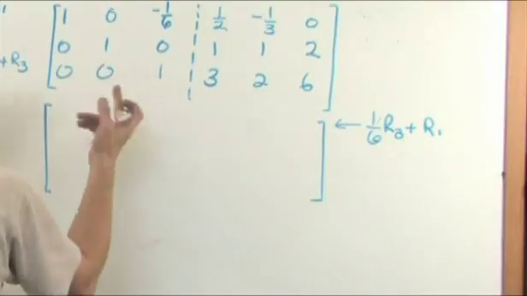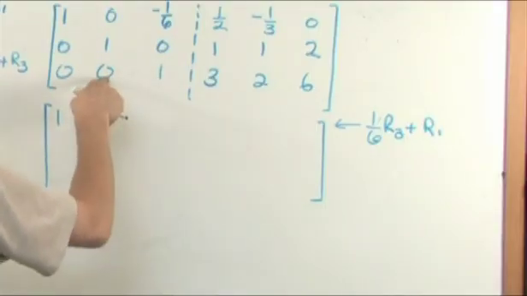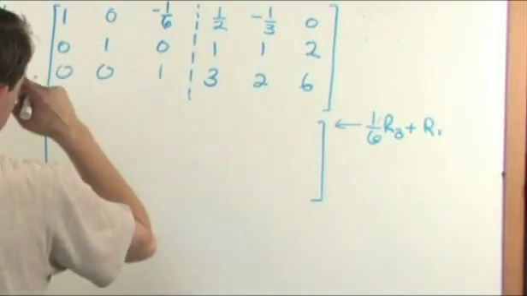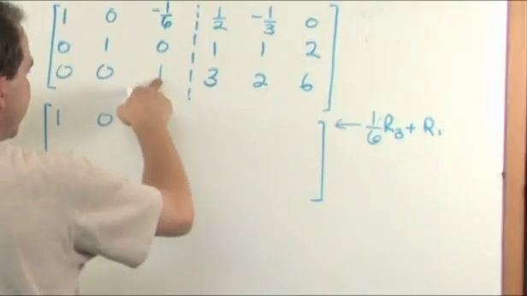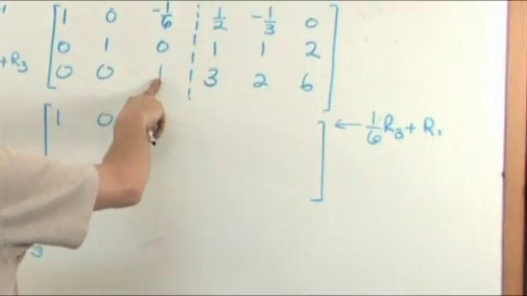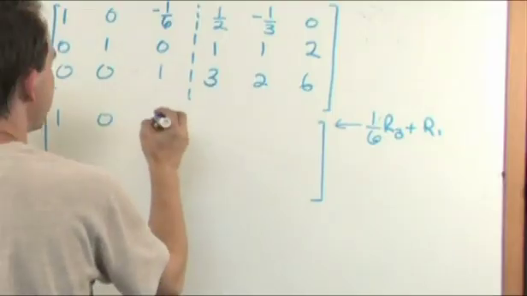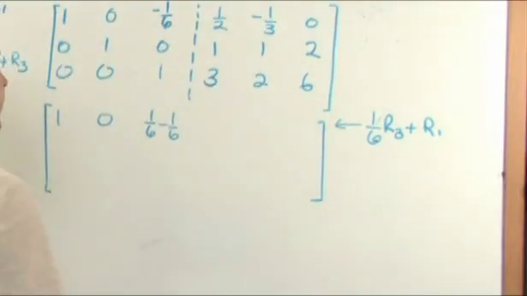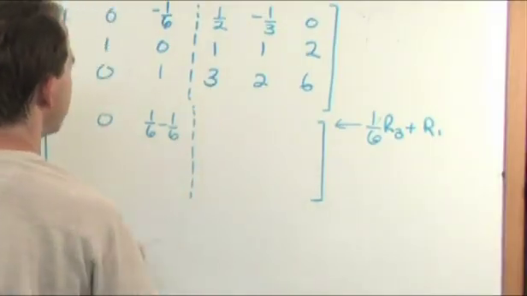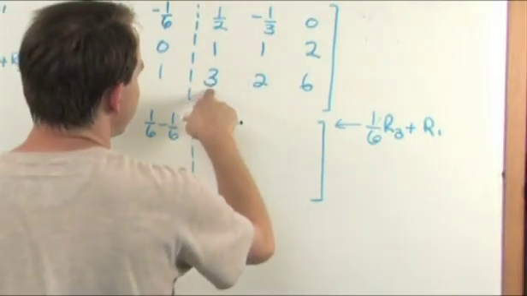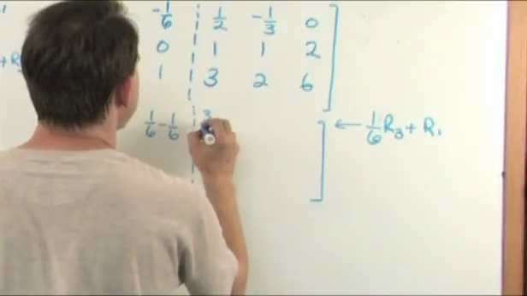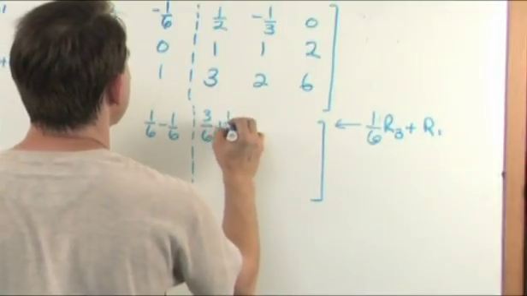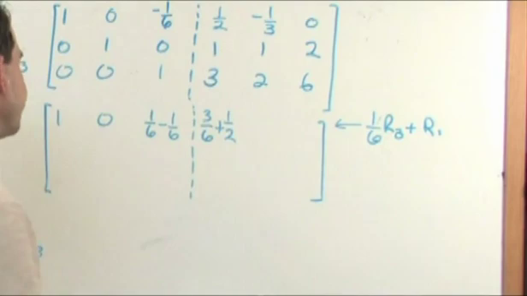1/6 times 0 is 0, plus 1 is 1. 1/6 times 0 is 0, plus 0 is 0. 1/6 times this is 1/6. So I'm going to go ahead and keep it as 1/6 minus 1/6 because we're adding it up here. I don't want to do too many things at once and get myself confused. Over here, 1/6 times this is going to give you 3/6 plus 1/2 because it's plus this up here.